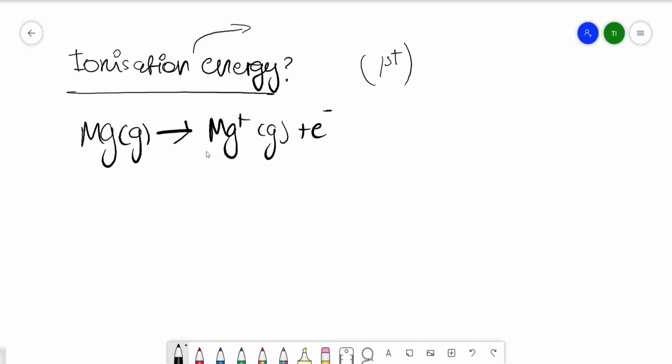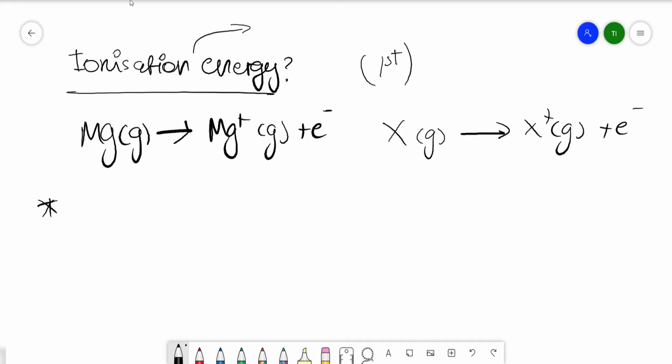Well, you take a look at this equation. Let's write it in a more standard form: X(g) → X+(g) + e−. This is the first ionization energy because you see that it goes from no charge to a positive charge, so only one electron has been removed.